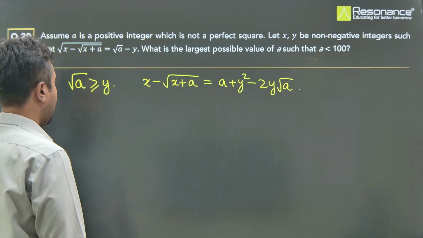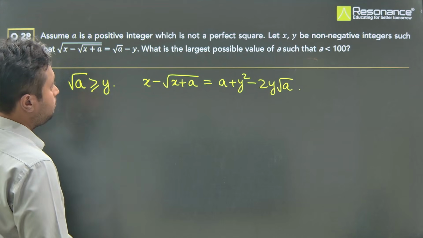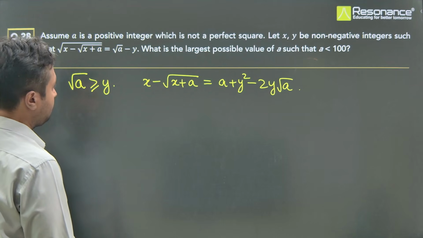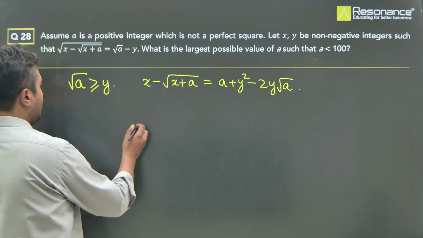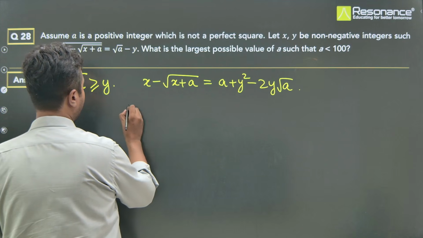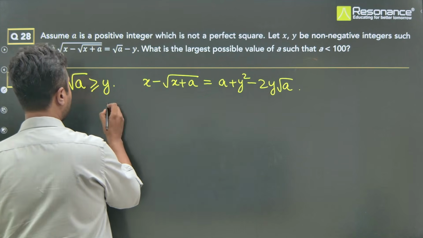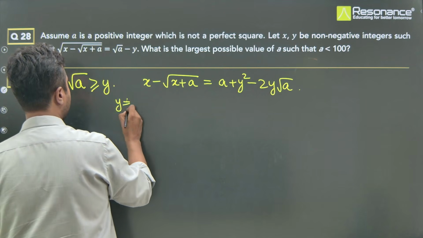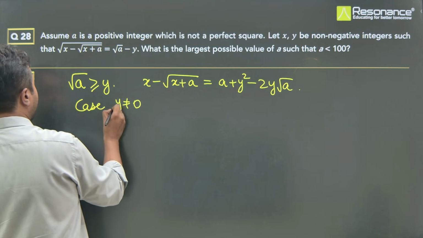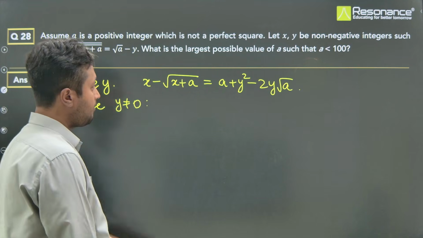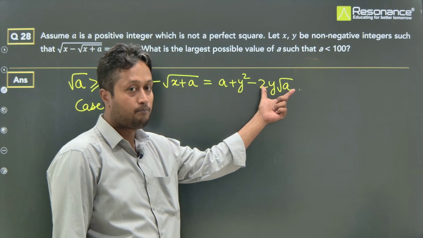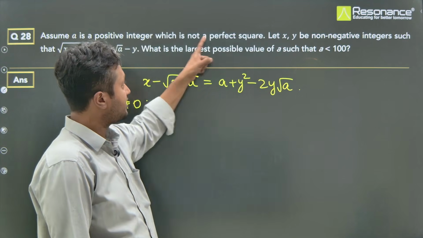Now let's think about that. Yeah, that's all right. Now there's a possibility. Let's analyze the y is not equal to 0 case. If y is not equal to 0, what happens? You have a surd over there because a is not a perfect square.